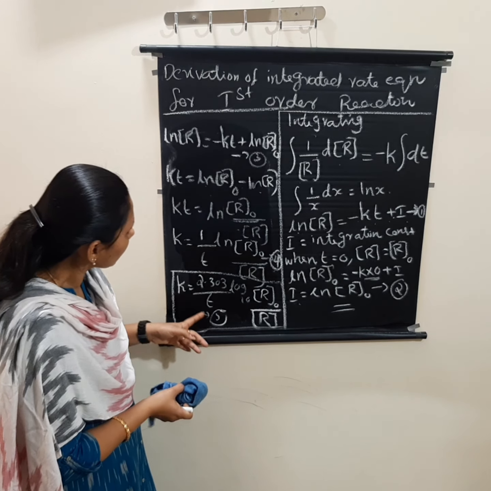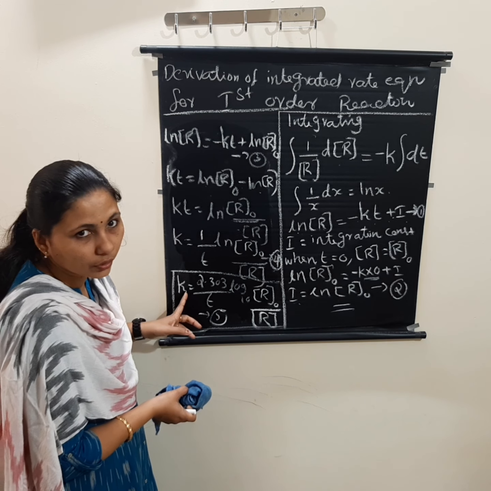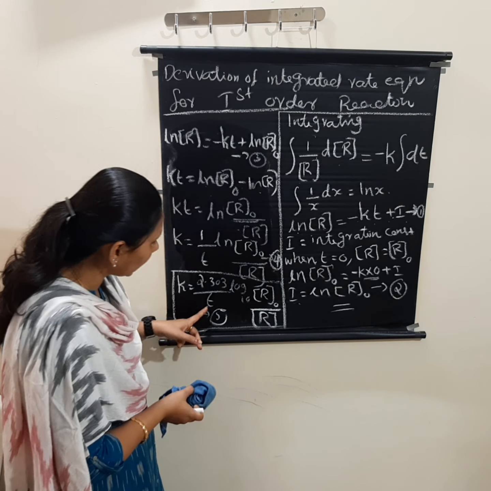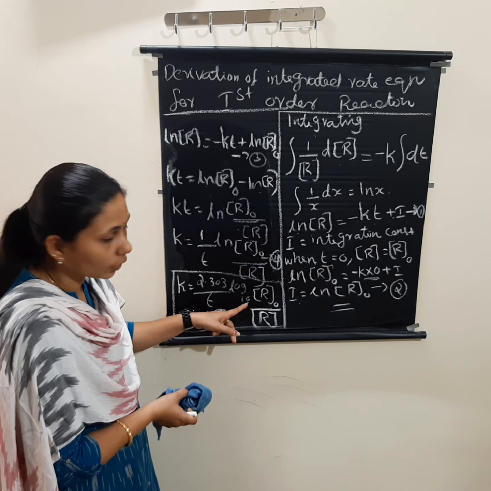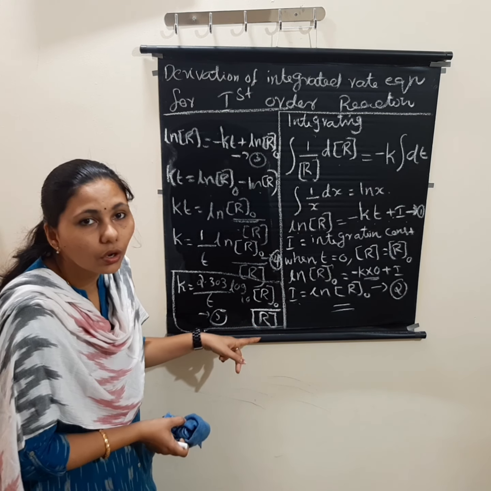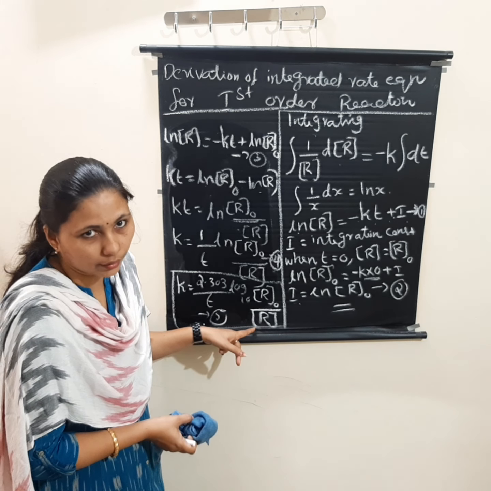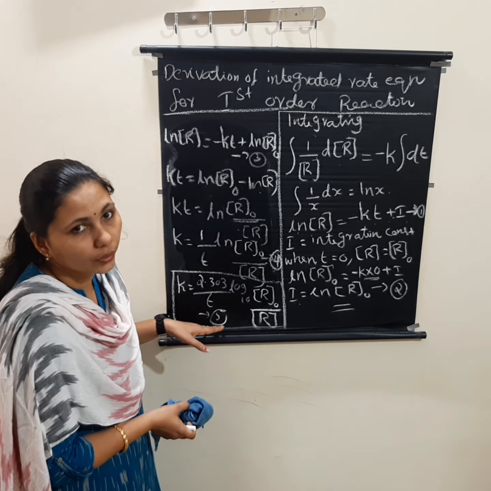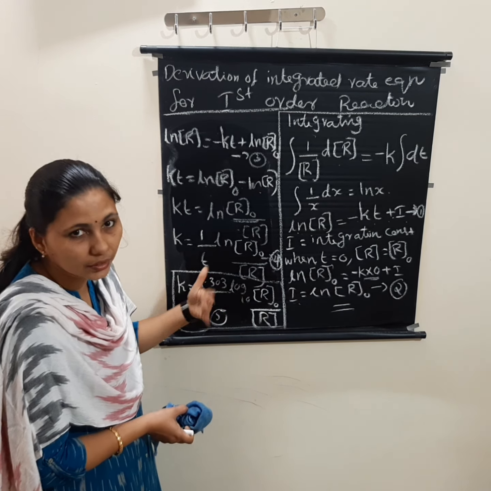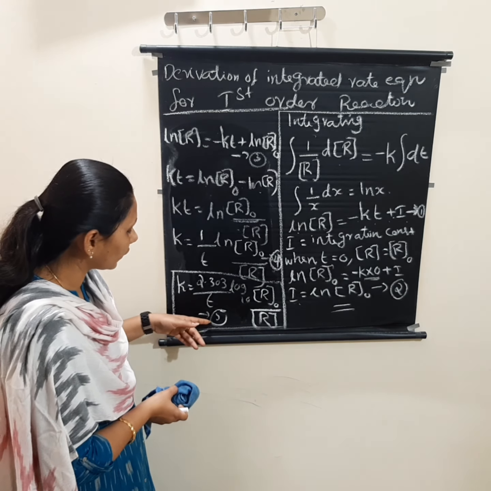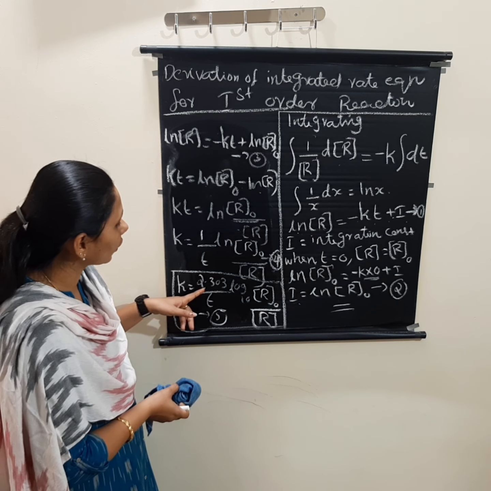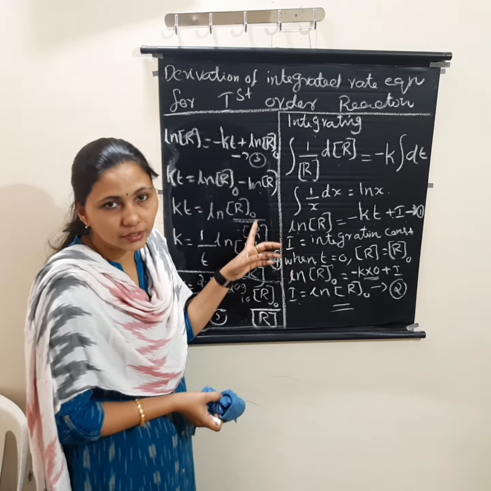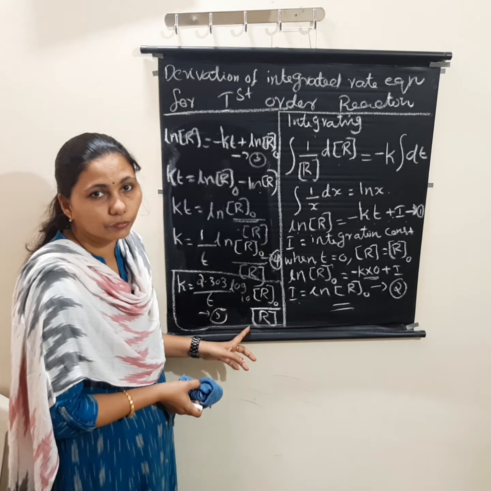So K equal to 2.303 divided by T log, a 10 base logarithm, of concentration of R0 divided by concentration of R. This equation has some other different forms that I will discuss after this. Clear? That is about this derivation.